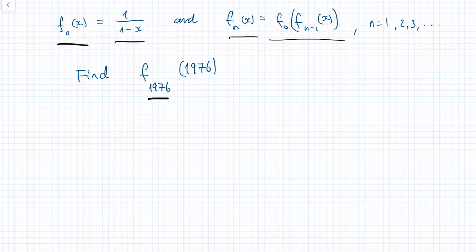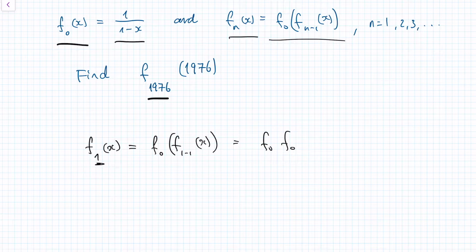Okay, since f₀ is given, following the relation, f₁(x) will equal f₀(f₁₋₁(x)), because n is 1 in this case, and that will give us f₀(f₀(x)), which is equal to 1 over 1 minus f₀(x), right?